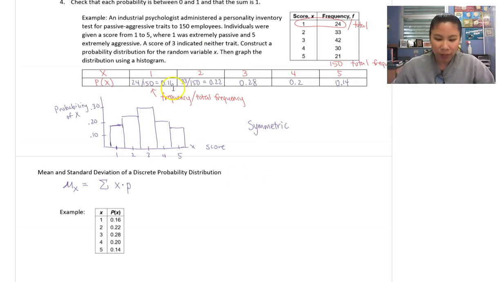In this example, these are actually the numbers from the last example that we did, just written out vertically instead of horizontally. My x values are 1, 2, 3, 4, 5. The probabilities are the same ones I got before. So in order to calculate the mean, I'm going to take each of my x values and multiply it by the probability and do that for each one.